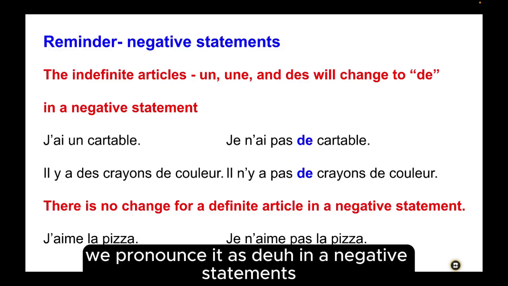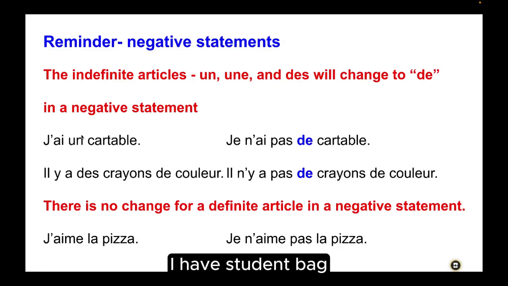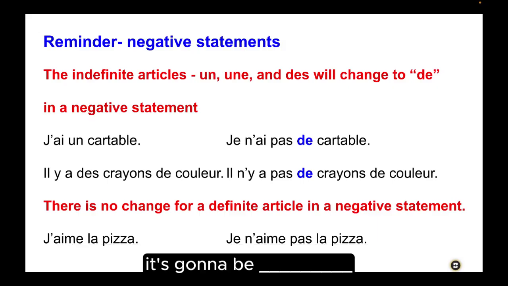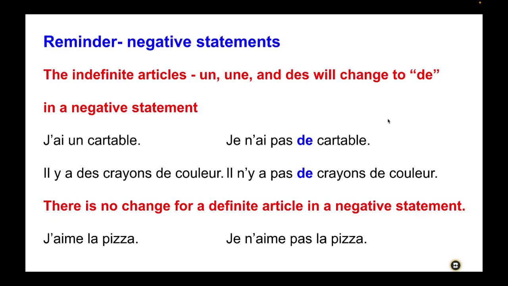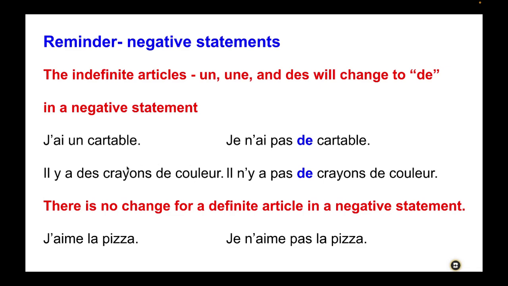We pronounce it as de in a negative statement. Remember that when you say j'ai un cartable, for example, I have a student's bag. And when you want to say I do not have a student's bag, it's going to be je n'ai pas de cartable. Okay, so you're changing un to de because we have the negative form.